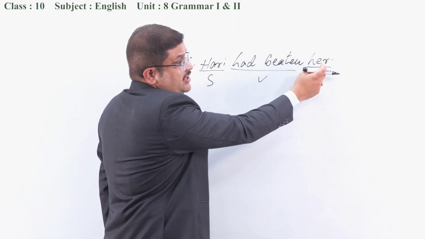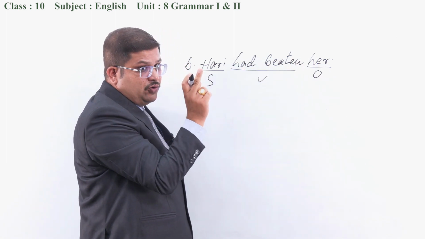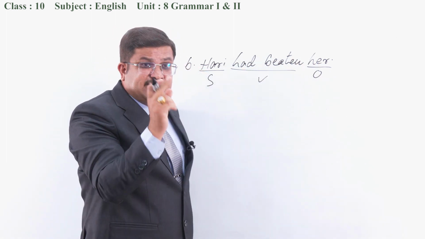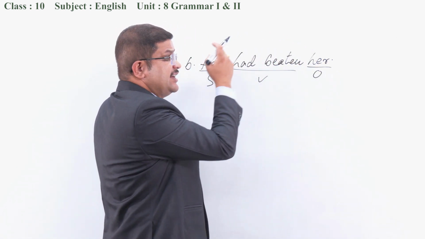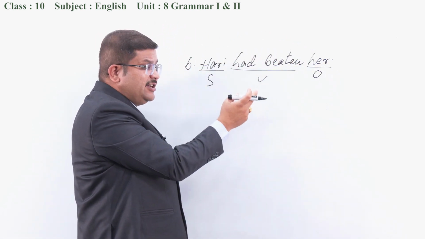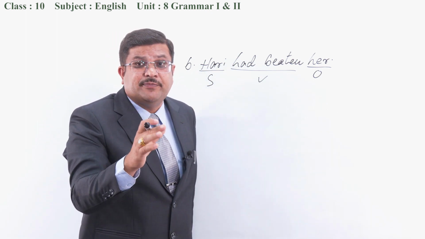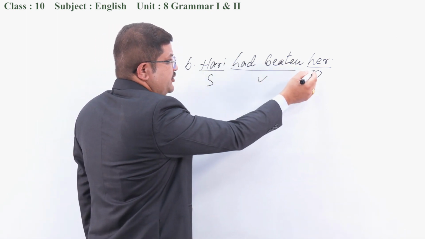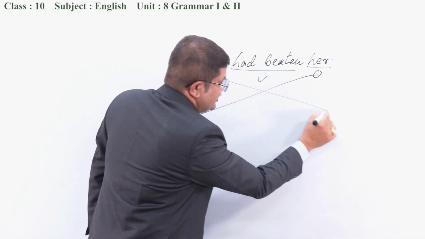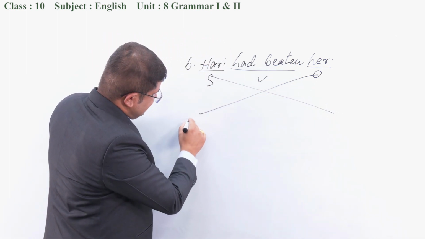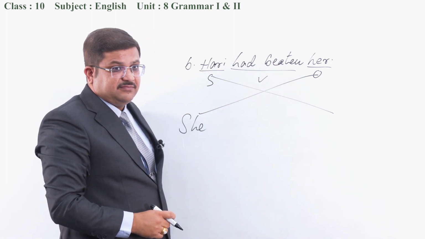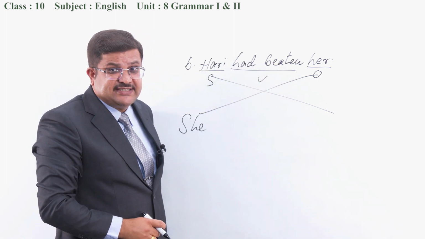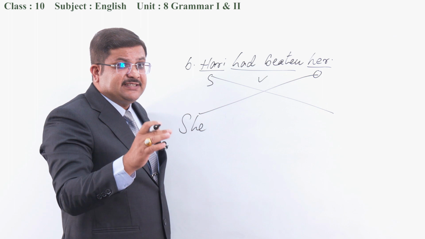Can we use her as a subject? No. And what can we use? Her can be changed into she. So she is a subjective form of her. That's why she. Had beaten. It is in past perfect tense.